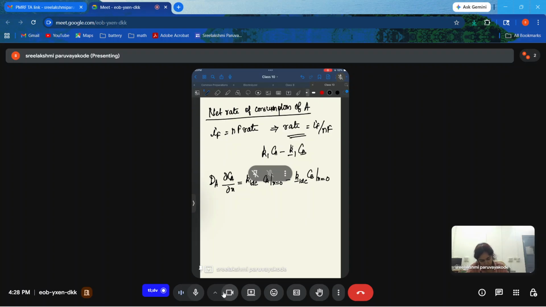Now we also know that dA ∂Ca/∂x equals minus dB ∂Cb/∂x.